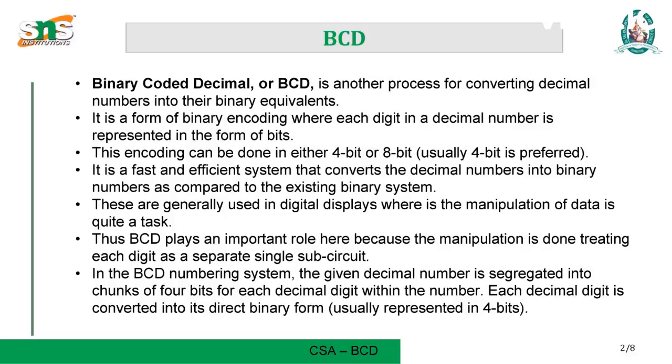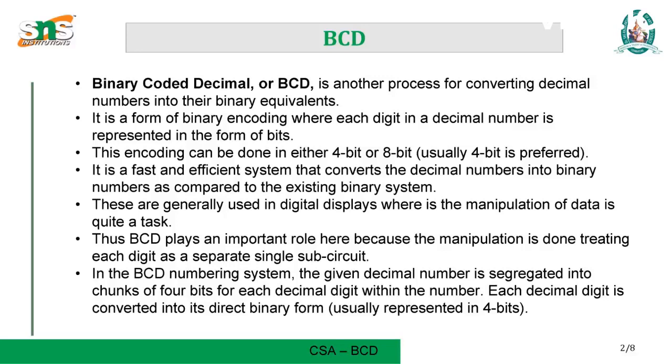It is a fast and efficient system that converts a decimal number into a binary number as compared to the existing binary number system. These are generally used in digital displays where manipulation of data is quite a task. So BCD plays an important role because the manipulation is done treating each digit as a separate single sub-circuit.